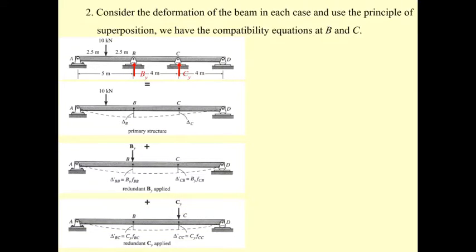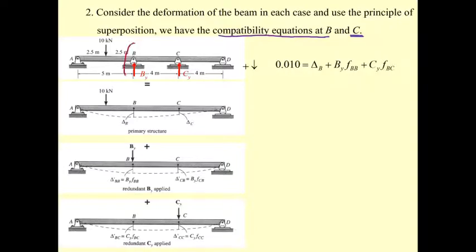And then we write the compatibility equation at point B and point C. Here we have the one for point B. We draw this, following this.